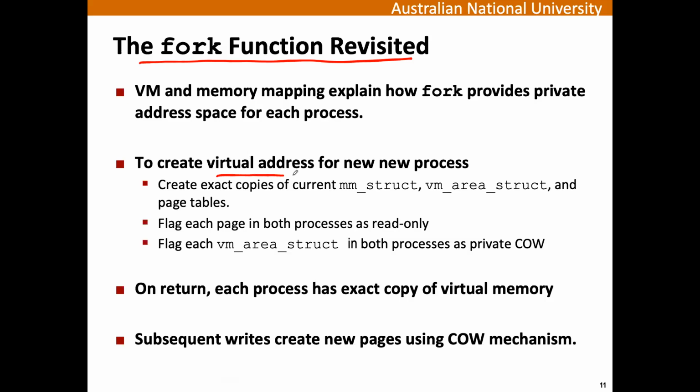So to create a virtual address space for a new process, the kernel creates exact copies of the mm struct, VM area structs, and page tables. In both processes, the pages are flagged as read-only, and in the VM area structs, the areas are flagged as private copy on write. So when fork returns, the parent process and the child process each have an exact copy of virtual memory.